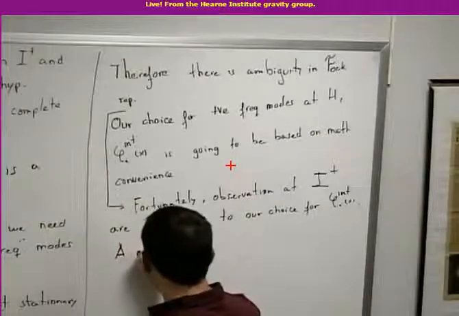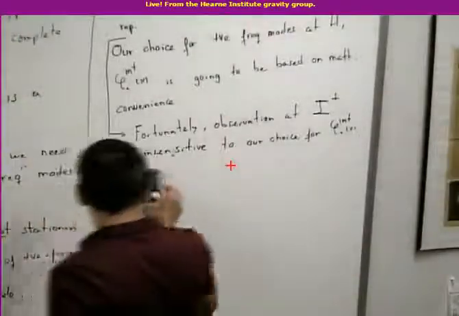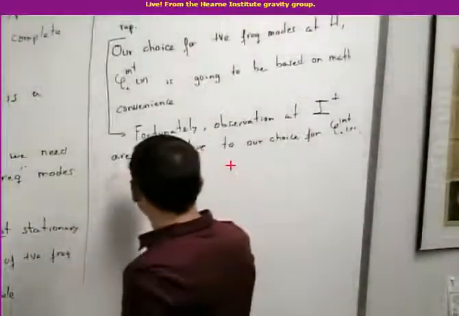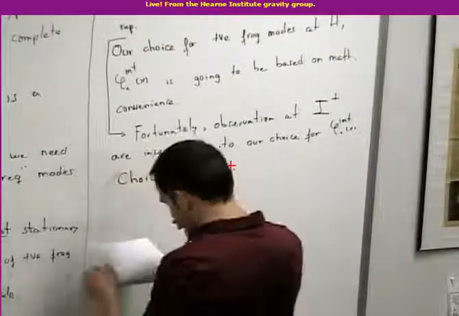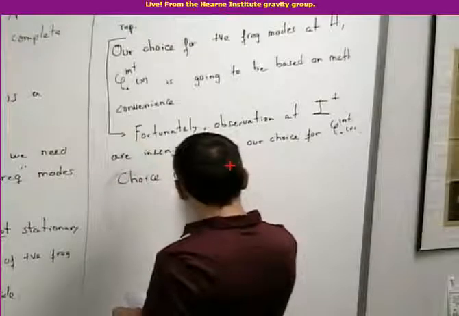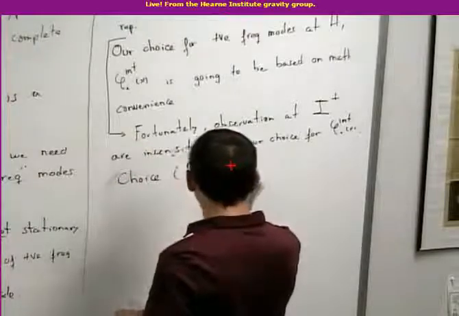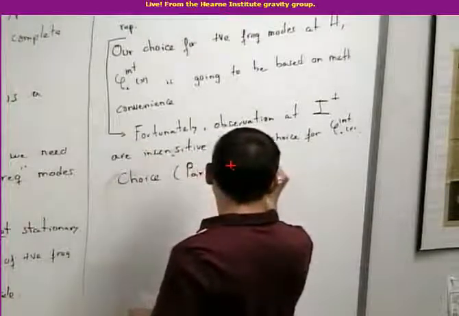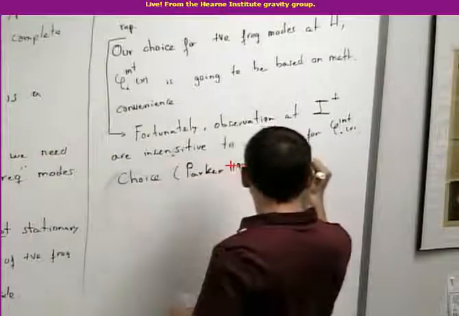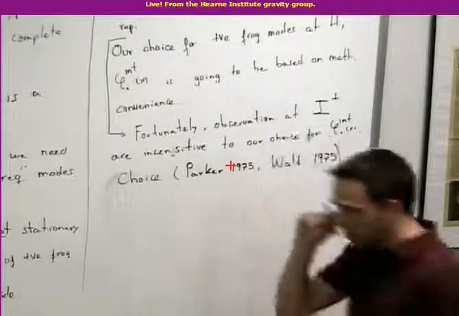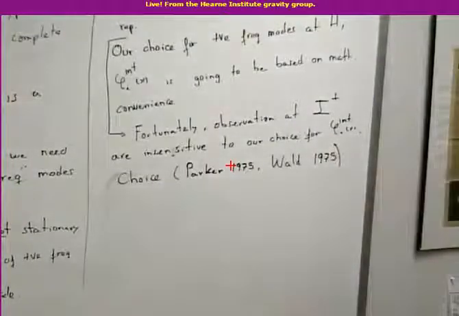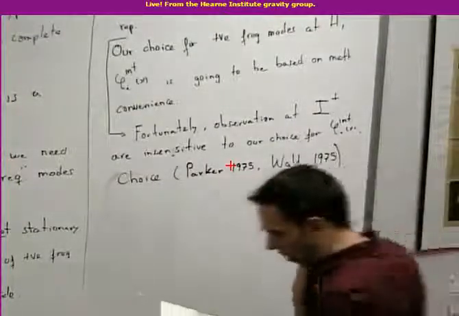So a mathematically convenient choice is the following. Our choice, I think, was first used by Parker in 1975, and Wald also at the same time. These are the two papers that follow Hawking's original paper, and they reinforce Hawking's result.